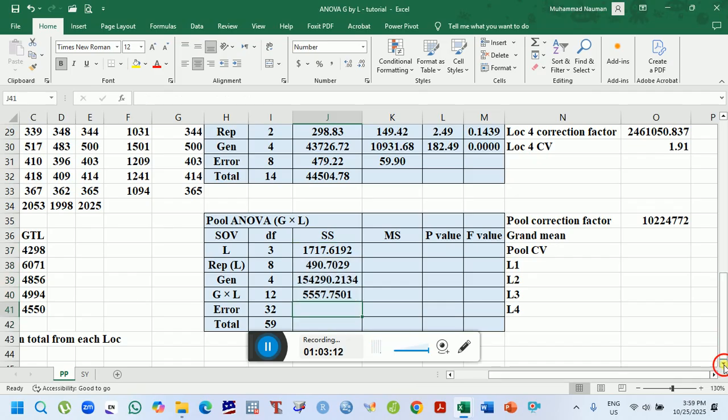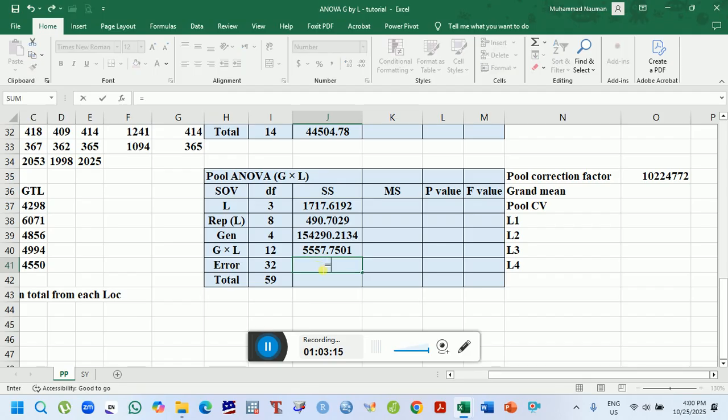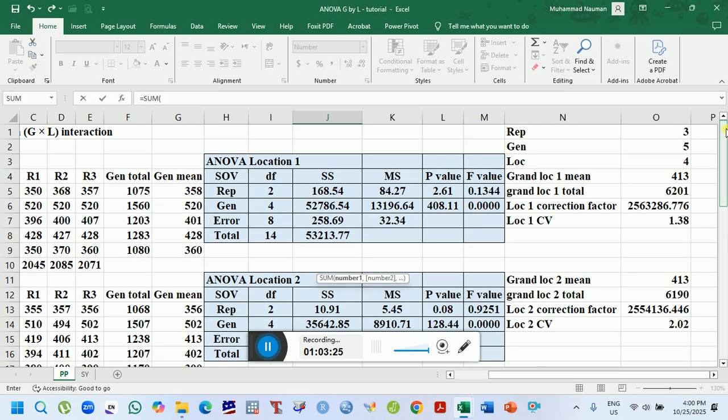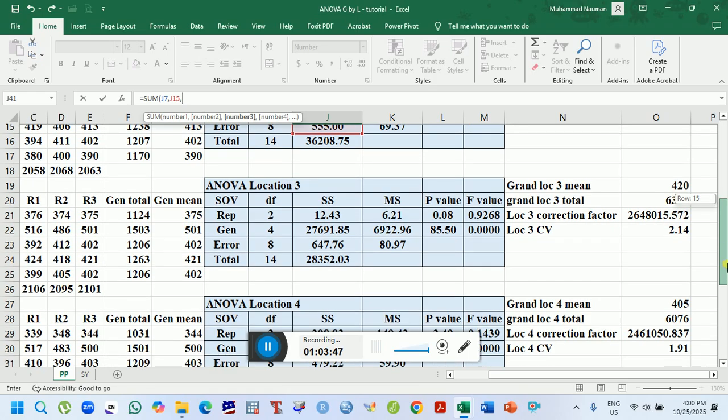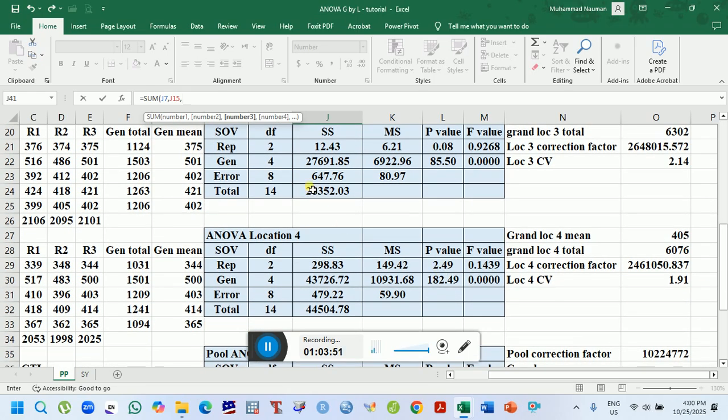Now we will calculate the error sum of square is equal to SUM, only the sum of each location's error sum of square: error sum of square of location 1, error sum of square of location 2, location 3 error sum of square, and error sum of square of location 4.